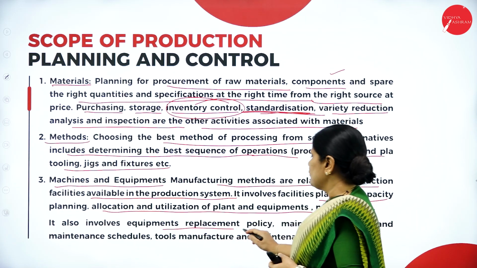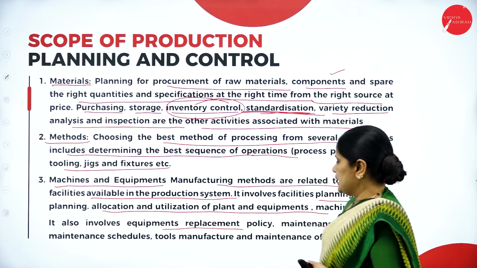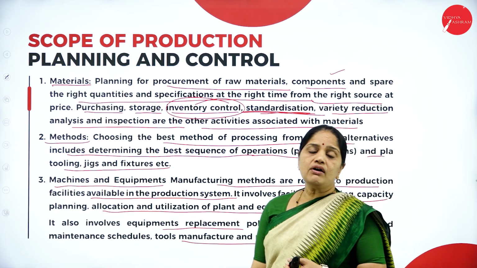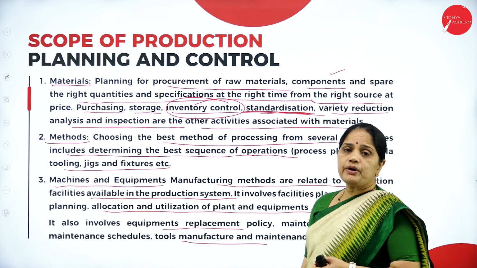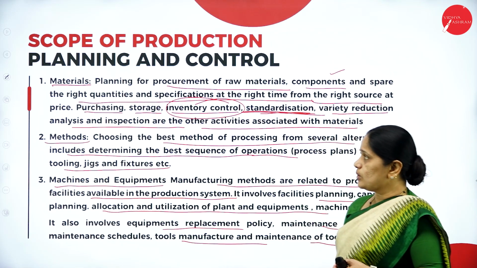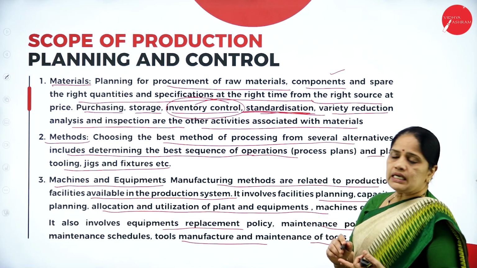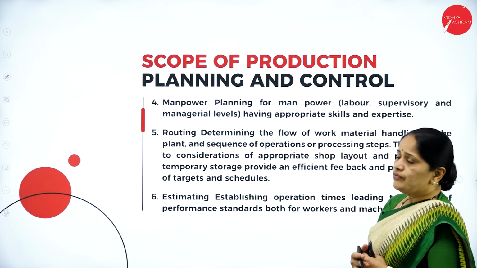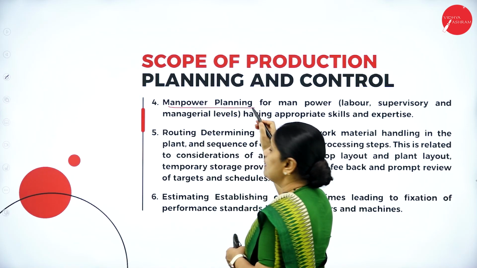Then it also involves equipment replacement policy, maintenance policy schedules, tools manufacture and maintenance of tools. So all these are involved in the scope of production planning and control. So first we have the materials, then the methods, third the machines and equipments, and fourth, the most important one, is manpower planning.